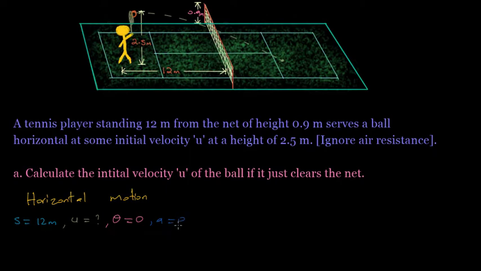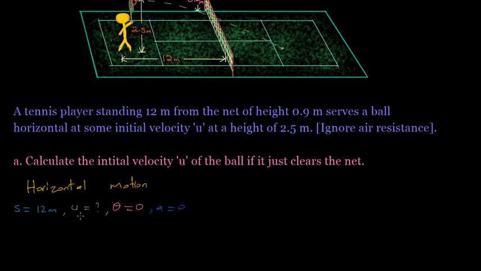Because remember, when an object is undergoing projectile motion, it is under the influence of gravity. And gravity only acts in the vertical. So only the vertical motion is affected by gravity. So in this case, we can consider an equation of motion, because we have s, we have u, and also t would be an unknown.